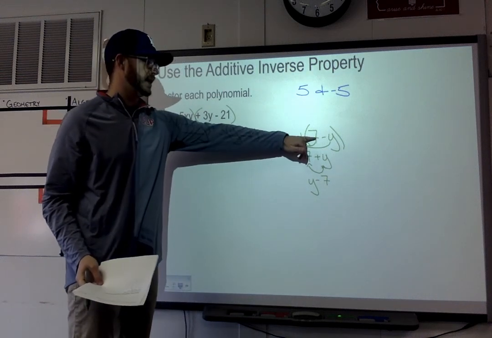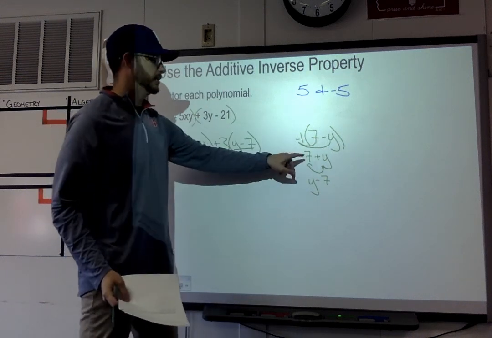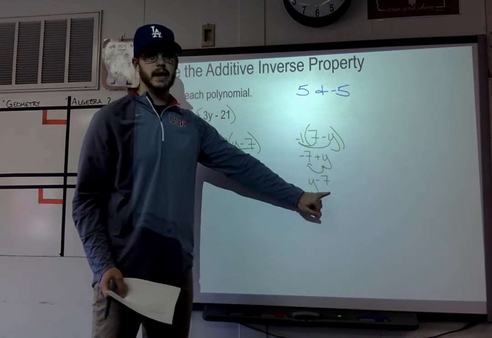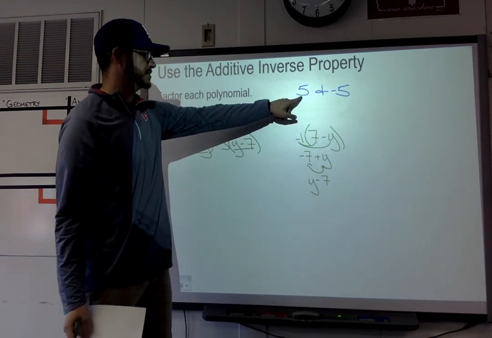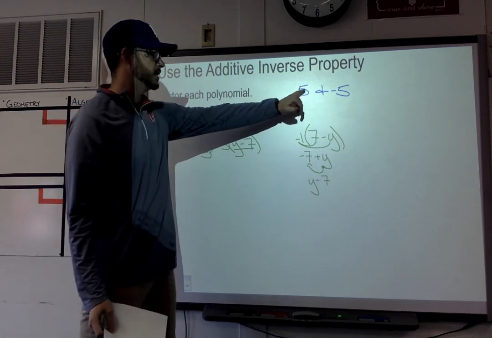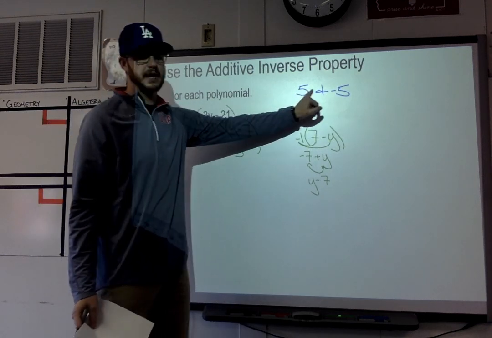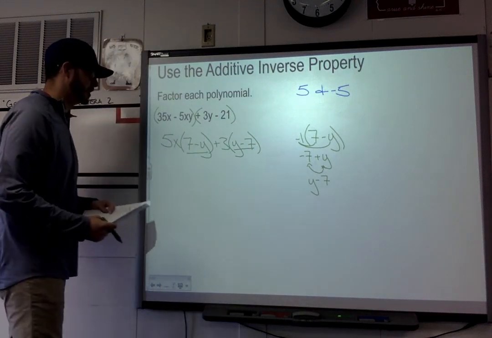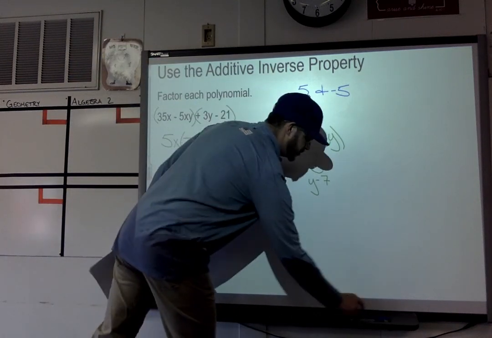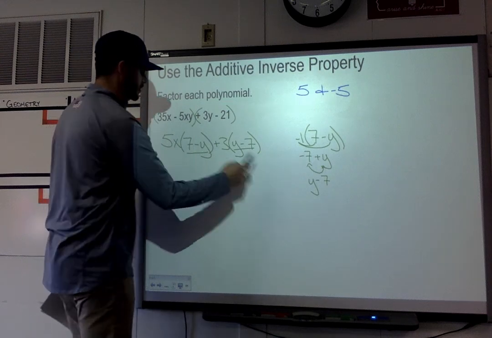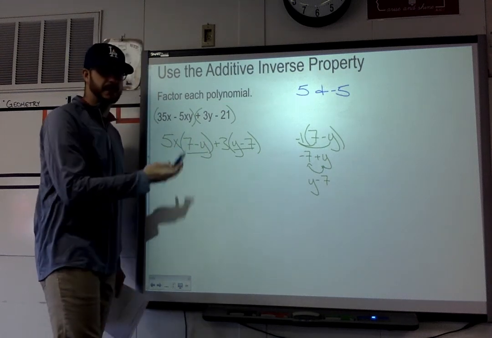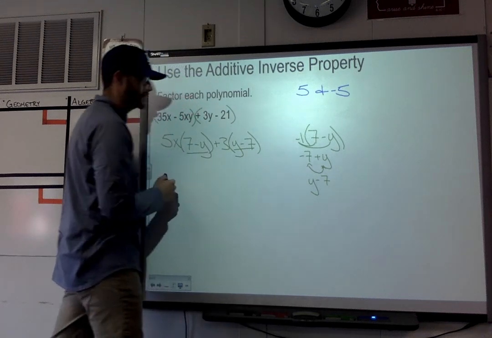So by multiplying by negative 1, I was able to get this to go from 7 minus y to y minus 7. Just like up here, additive inverse, 5, I multiply by negative 1, I get its additive inverse of negative 5. So what I need to do here in order to get this 7 minus y to y minus 7 is multiply by negative 1, like we just did over here.